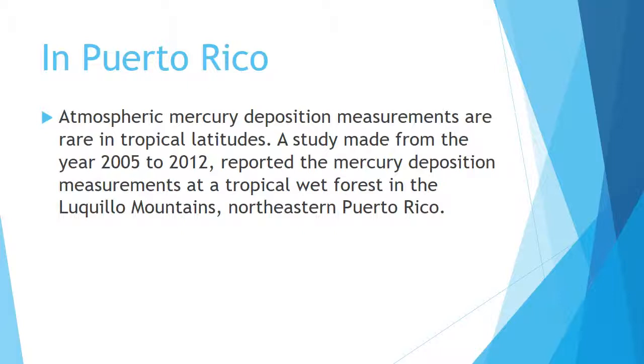In Puerto Rico, mercury deposition measurements are rare in tropical latitudes, but a study made from the year 2005 to the year 2012 reported the mercury deposition measurement at the tropical wet forest at Luquillo Mountains, northern Puerto Rico.